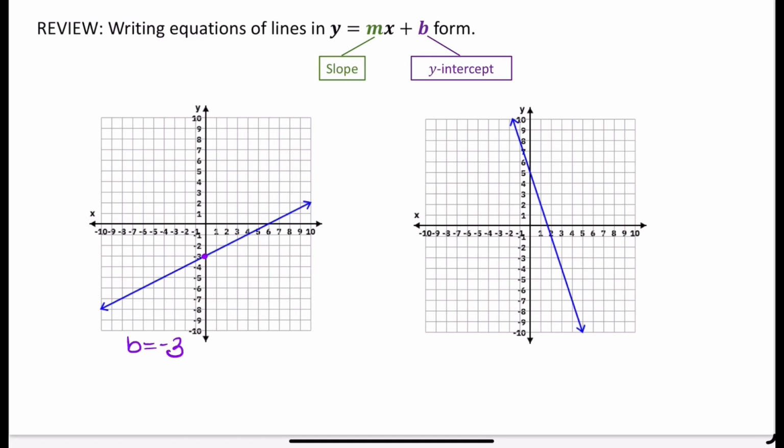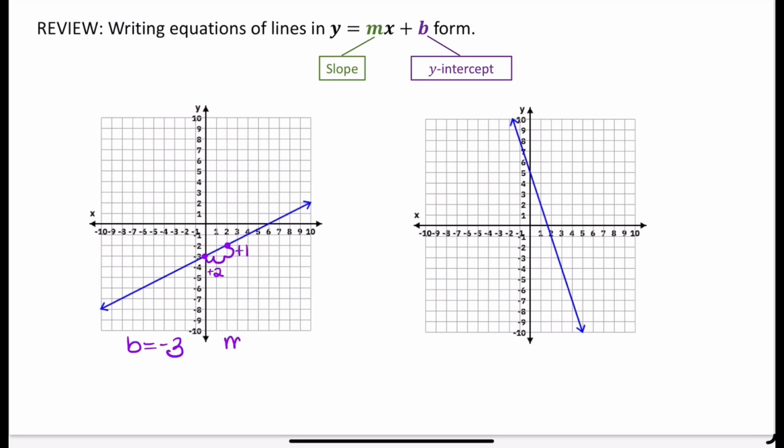Then we're going to pick another point on the graph and use that to figure out the slope. For example, if I pick this point right here, because remember, I want to pick points that have integer coordinates, you can notice that from here to here, I'm going to trace out a path. I'm going to go right 2, which is +2, and I go up 1, which is +1.